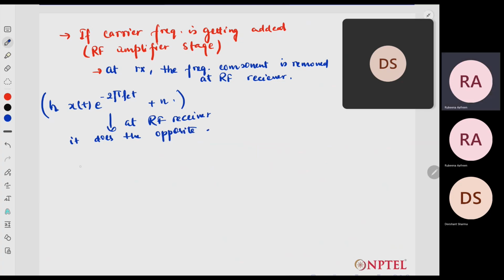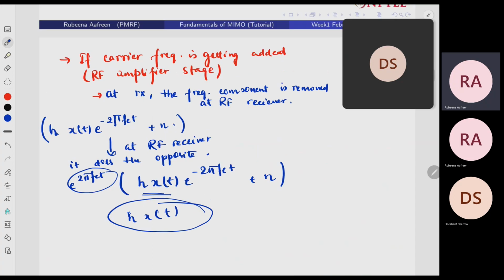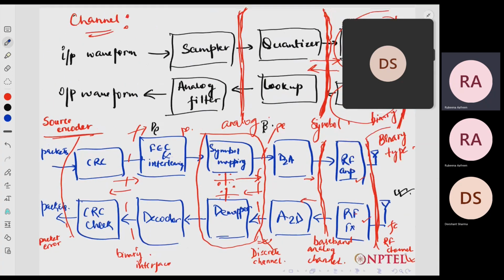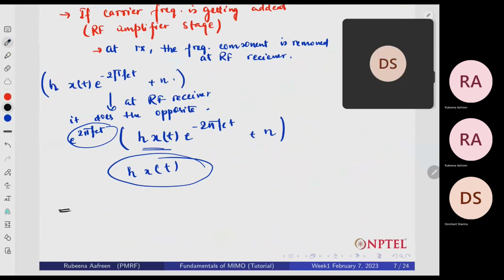That means it multiplies the signal by e to the power j2π fc t. So we get h times x(t) plus whatever noise. At the receiver, what we obtain does not contain this frequency. The signal we get is some constant multiplied by x(t). That is why, whenever we transmit in a communication system, we do not consider the signal as being transmitted in the passband. We always assume that the signal is baseband.